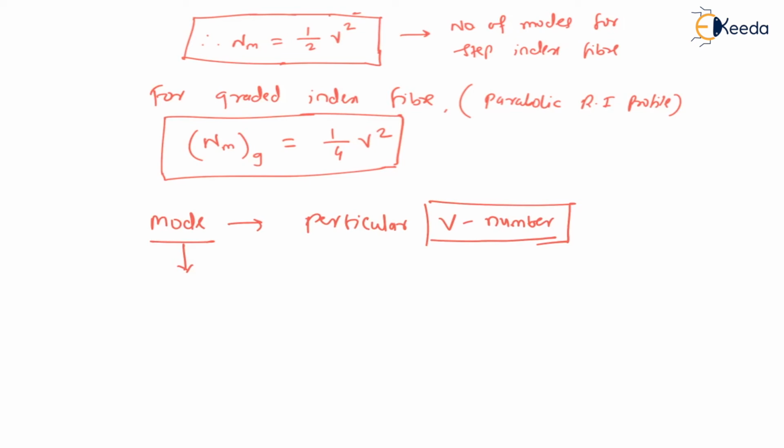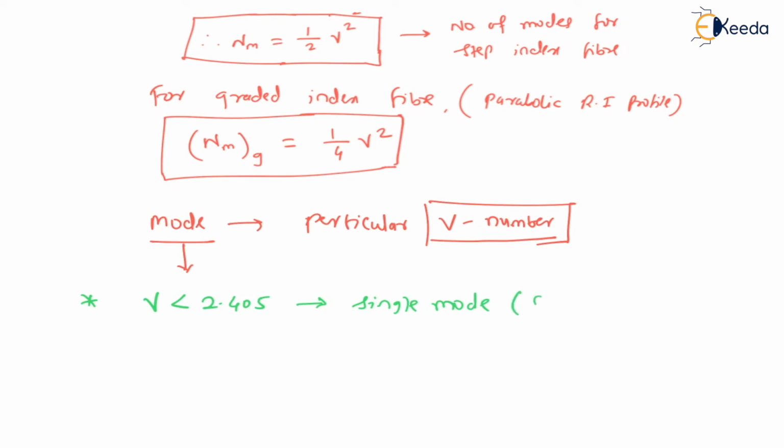Now one more thing: we have divided optical fibers into single mode optical fiber and multi-mode optical fiber. So what is the condition for both of them? If the value of V, the normalized frequency, is less than 2.405, then such a fiber will support single mode.